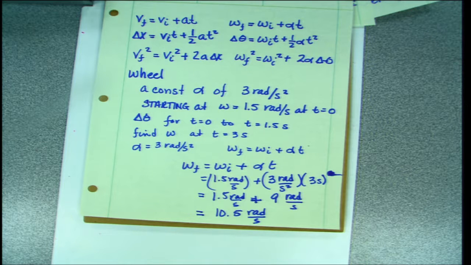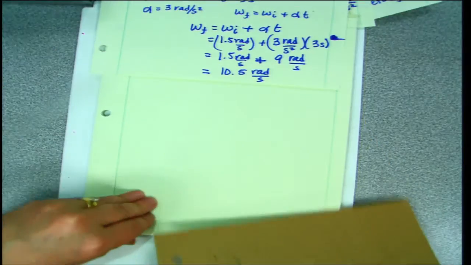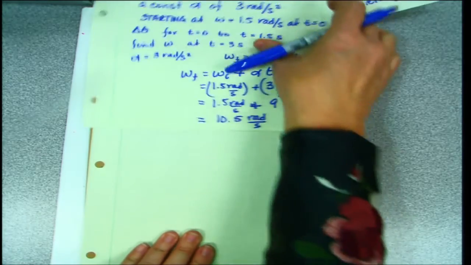All right, so let's do the change in angle. My change in angle is going to equal my initial times time plus 1/2 alpha t squared. We had an initial of 1.5 radians per second, and this time we're going from 0 to 1.5 seconds.